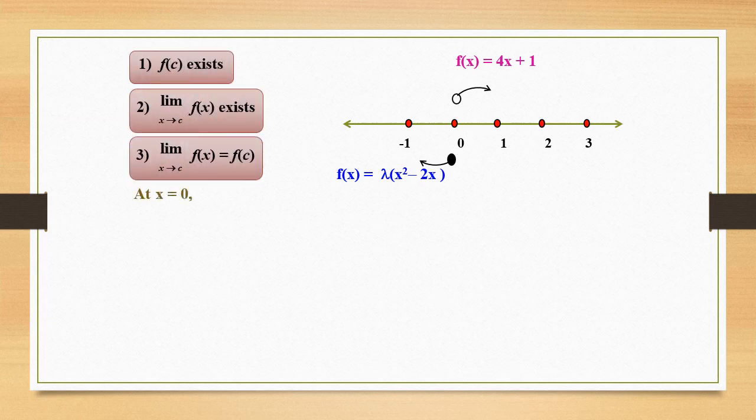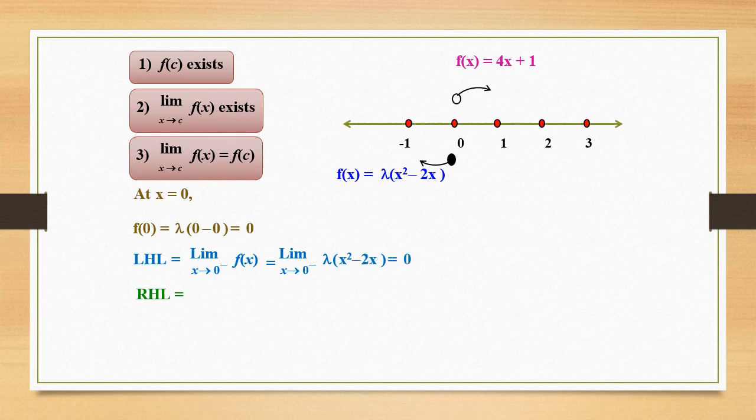See, at x is equal to 0 the value of the function will be equal to lambda into 0 minus 0, which is equal to 0. Next, LHL, limit of the function as x tends to 0 minus, will be equal to limit of lambda into x square minus 2x, and again it will be equal to 0.